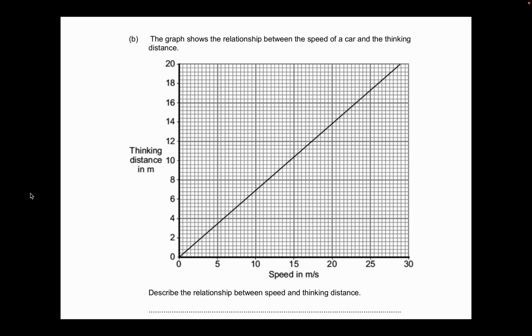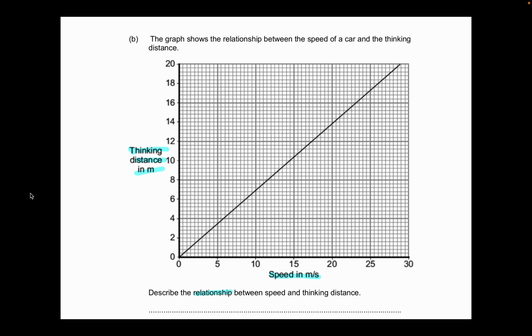Now, describe the relationship between speed and thinking distance. When they ask you to describe the relationship, you're just going to talk about the relationship between the speed, which is on the x-axis, and the thinking distance, which is on the y-axis.